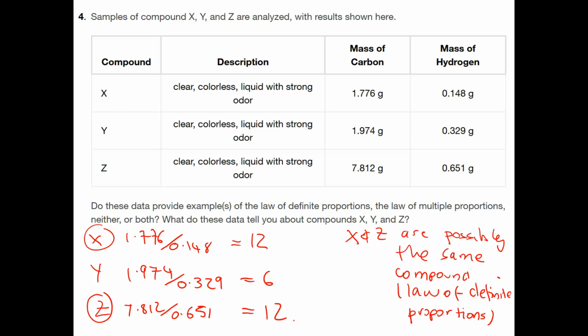Now, Y appears to be a different compound from X and Z. So let me just kind of create a little space here.